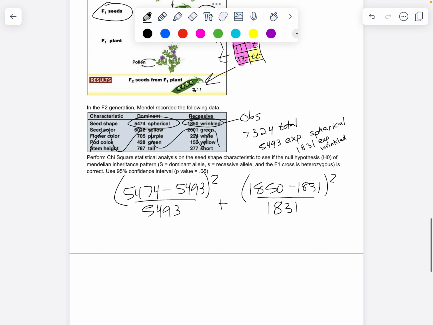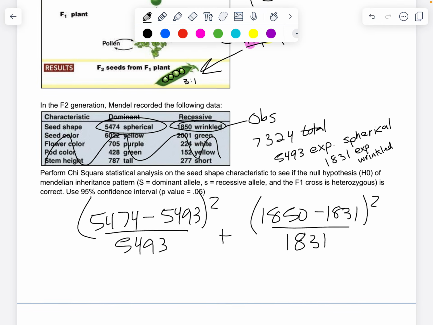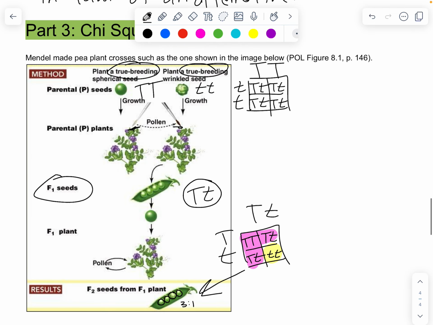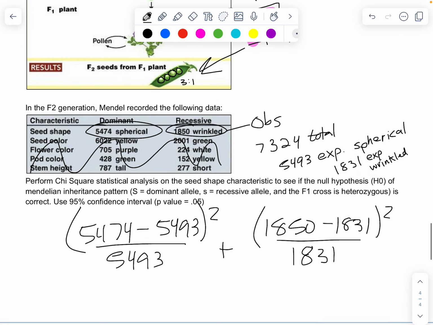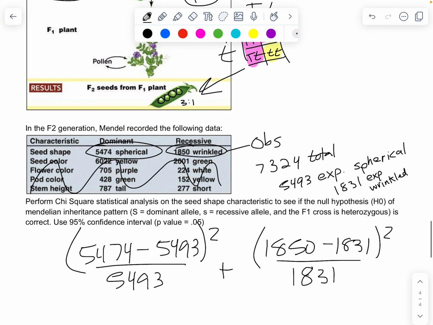Do your math, get your answers, compare your chi-square value to the critical value, using the 0.05 significance level given in the problem, and see if Gregor Mendel's idea, which is right here, the null hypothesis, is true, or if something else is going on. So you can apply chi-square to genetics, because you get observed offspring, and you have expected ratios, and you can compare to the critical value.